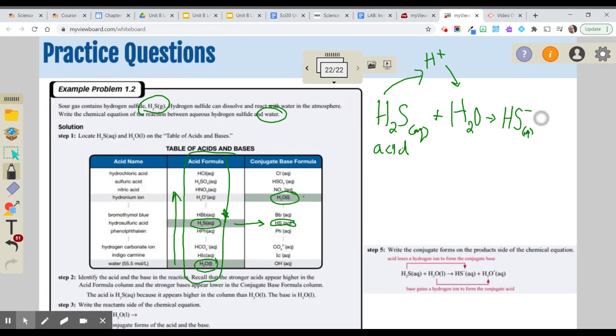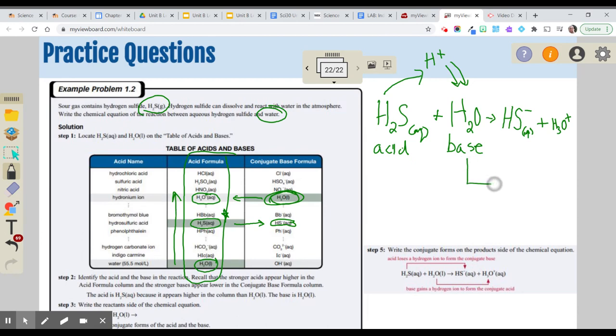All right, and then what about the water? What's it doing? Well, it's the base. It's acting as the base because it's accepting the proton. And so it's now going to have 3 hydrogens. And it's going to have an extra positive charge as well. And if we look at the water in our base chart here, and we look to its side beside it, you'll see that is exactly what we have.